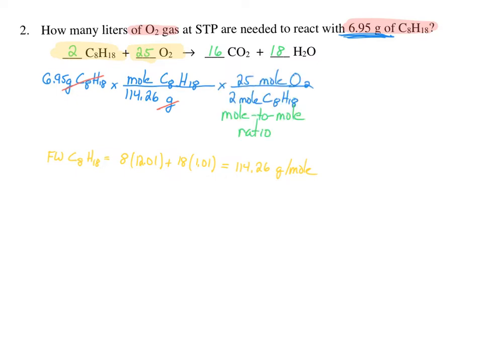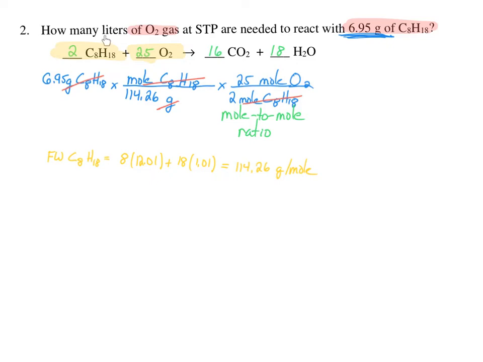Now when we set up our mole-to-mole ratio, we know moles associated with octane have to be in the denominator, so we make sure we carry the correct coefficient that's associated with octane, 2, and in the numerator we have 25 moles of O2. And we see when we cancel this out, we've set this up correctly because moles of octane cancel out. We end up with moles of O2.